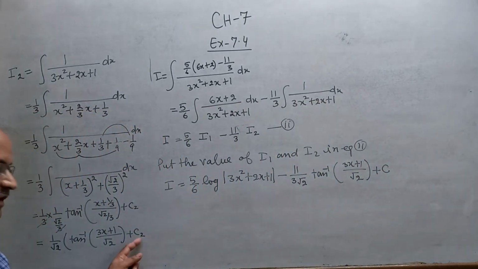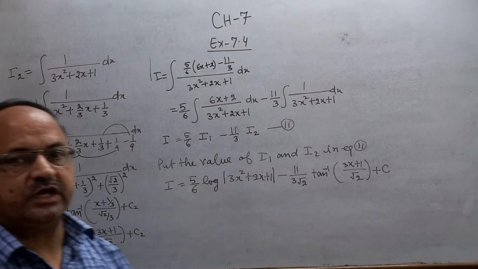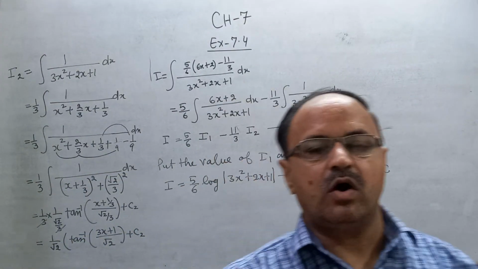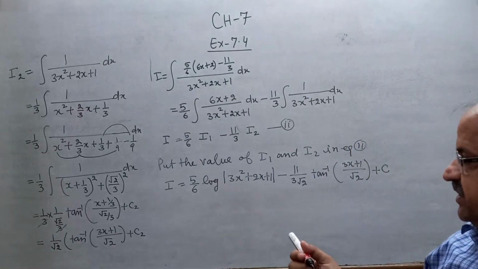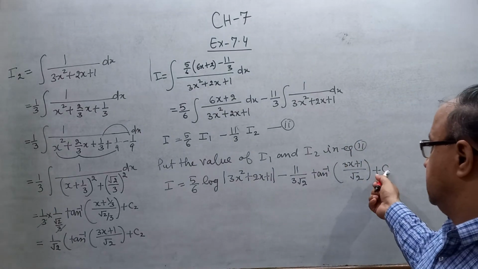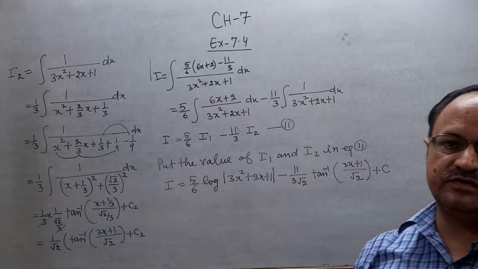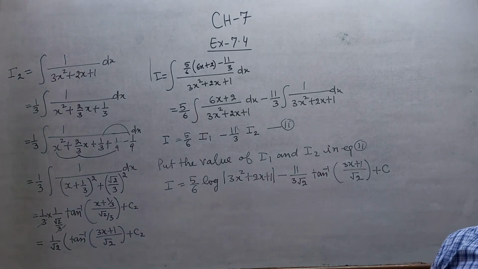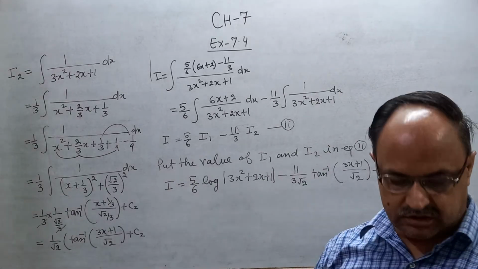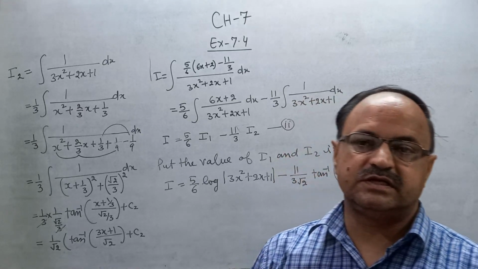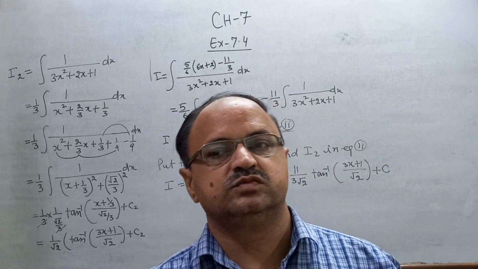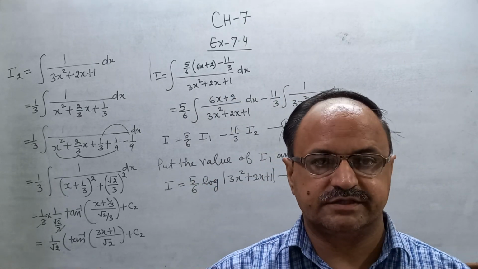You know that C1 plus C2 becomes C. Add all the constant terms, after that you can write only C, because C is also a constant. When you add two constants, that becomes a single constant. Clear? Your homework: try to solve this exercise completely, question number 10 to 20. Correct? Thank you.